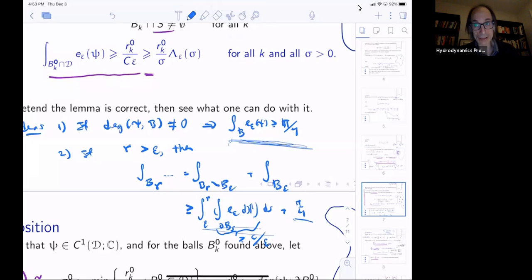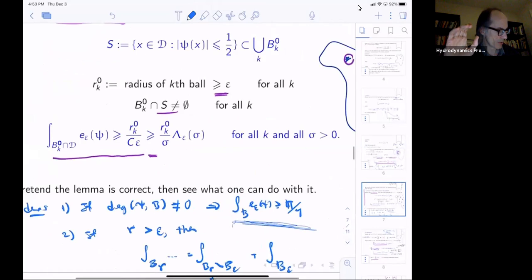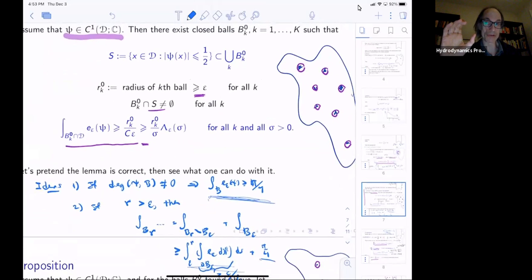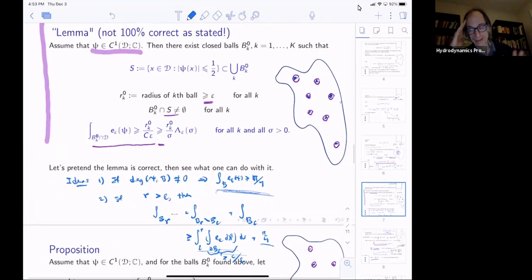And so we have to, in fact, treat differently the components of this set S with degree 0 and the components with degree non-zero. If the degree is 0, they may not be covered in this initial covering, and you have to do something different with them. And so this is the way in which I've lied in the statement of this lemma, and this gives rise to various technical headaches.